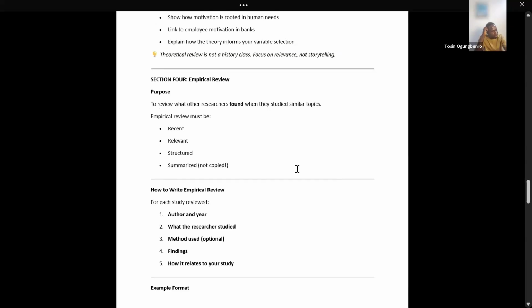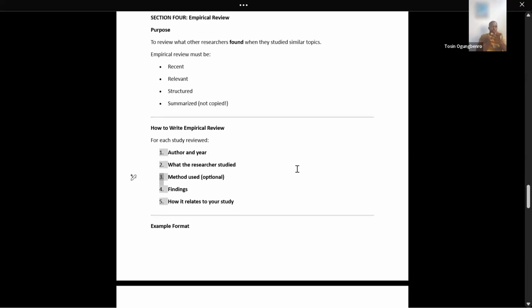So I said it must be recent, it must be relevant, it must be structured. Structured in the sense that you have to structure it in a particular order, maybe chronological order or thematic order. You know, your empirical review can be chronological, it could be thematic.